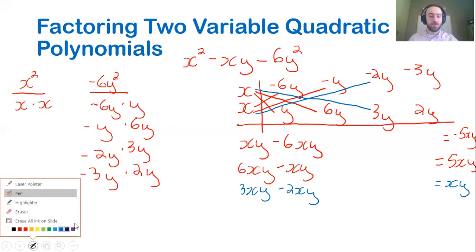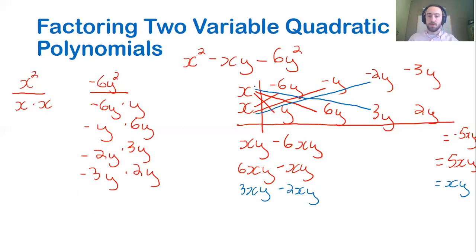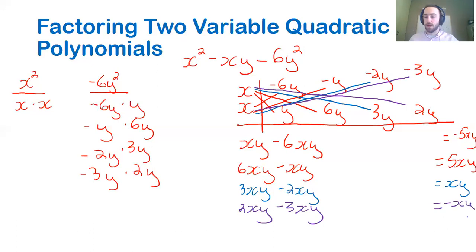So we have one more factor to get through. Here we have x multiplied by 2y, giving us 2xy, and x multiplied by negative 3y, giving us negative 3xy. Doing the addition, we have negative xy. That is our middle term.